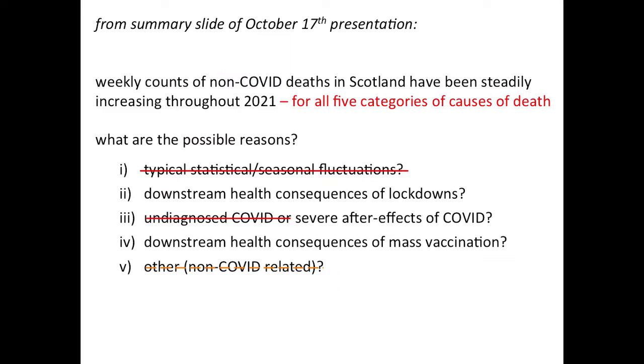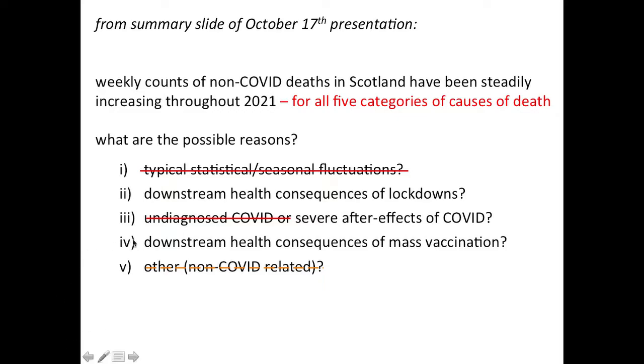Here's an excerpt from the summary from that presentation: the weekly counts of non-COVID deaths in Scotland have been steadily increasing throughout the year for all 5 categories of causes of death. We tried to use this information along with some other analysis, which I'm not recapping here, to inform our understanding of the drivers or the reasons underlying these increasing trends.